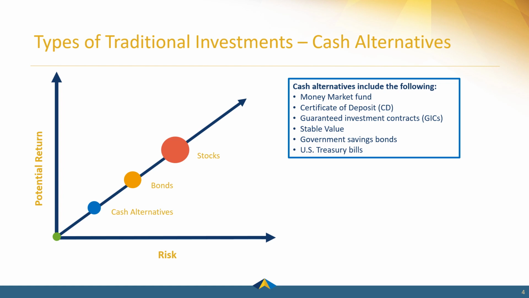One that might be unfamiliar to you is the Guaranteed Investment Contract, or GIC. GICs are insurance contracts that guarantee the owner principal repayment and a fixed or floating interest rate for a predetermined period of time. GICs are typically issued by insurance companies and marketed to institutions that qualify for favorable tax status under federal law.